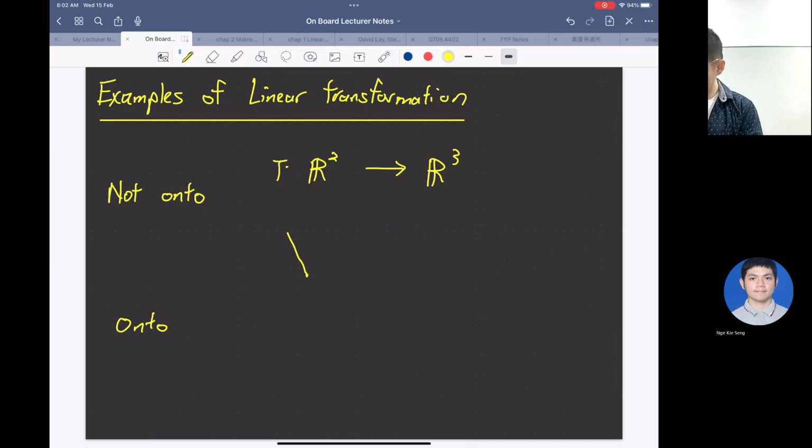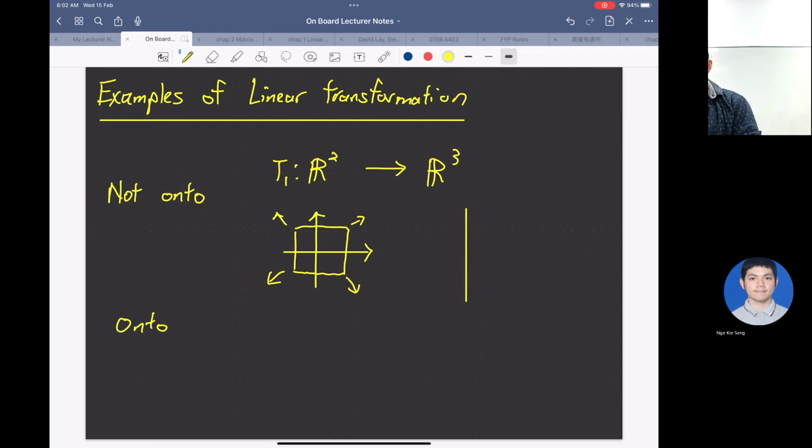Imagine you have the linear transformation T1 from a 2D space, which you can imagine as an infinite extended plane, and you want to put it inside R3.